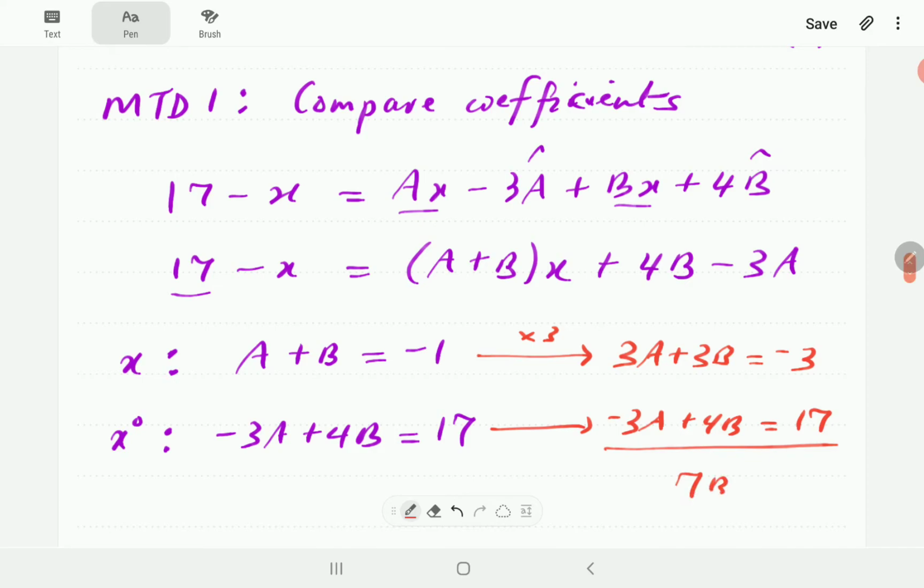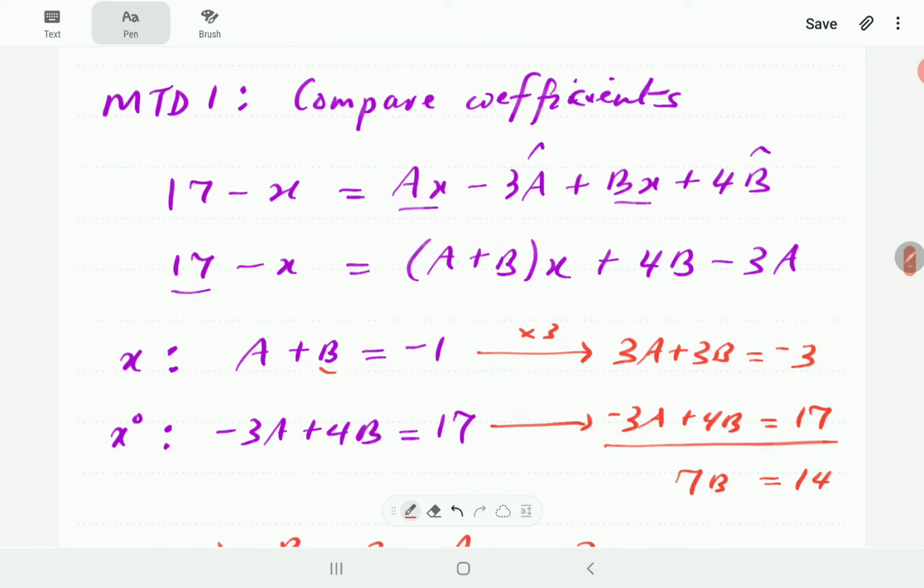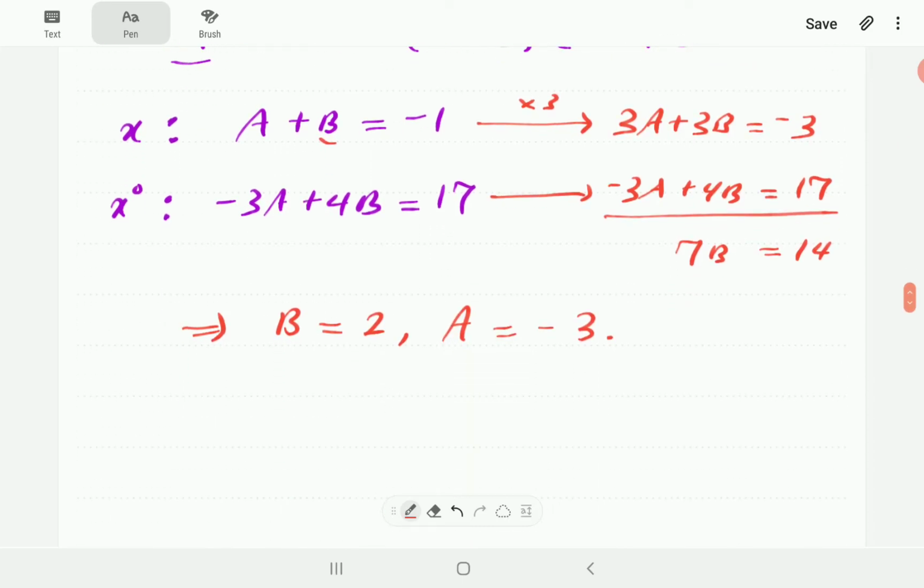We're going to have 7b is equal to 14. So what this thing is telling us is that b is equal to 2. Then if we substitute it here, it's telling us that a is going to be -3. So this is the one method, comparing the coefficients of the polynomials.